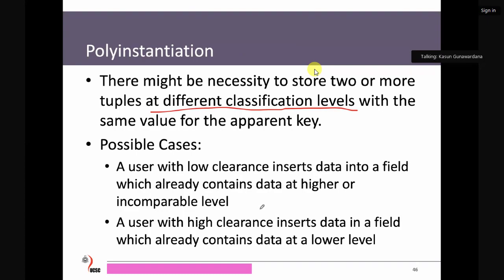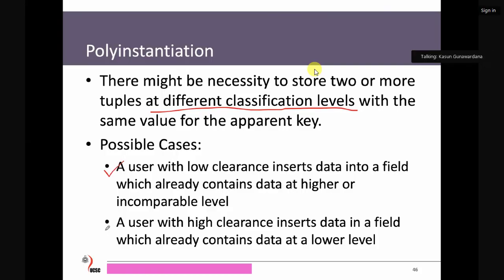Otherwise, the user would be given an indication that there is higher sensitive data with the same apparent key, so it should not be allowed. This allows keeping both rows in the relation with different classifications. That is the first case.